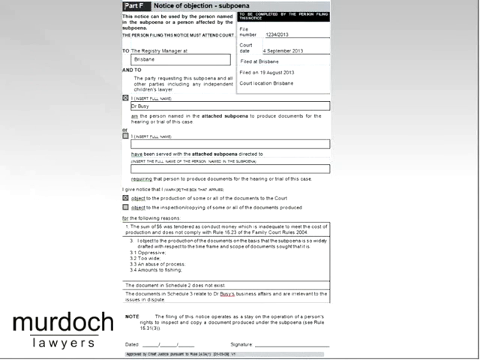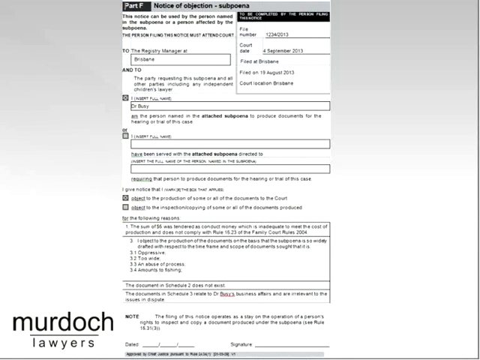So this is an example of that notice of objection. This is what it looks like. So you'll see that it is addressed to the registry manager at Brisbane, and as you probably know, the federal courts are located in various locations. Even in Queensland there's a registry in Rockhampton, Townsville, Cairns.